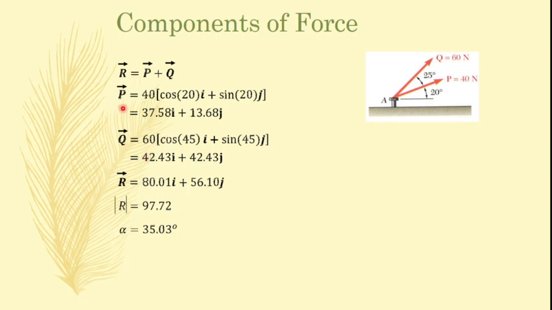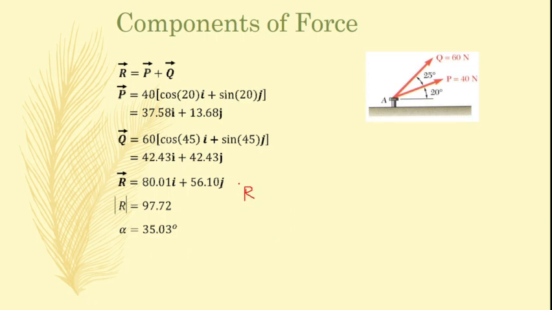Once you get this P vector and Q vector, you can easily add these two vectors to get the resultant vector in this way, that R vector, the resultant vector is equal to this 37.58 i plus this 42.43 i, that becomes 80.01 i, and this 13.68 j plus this 42.43 j, that is 56.10 j, and the magnitude of this resultant vector becomes 97.72. How we can get this thing?